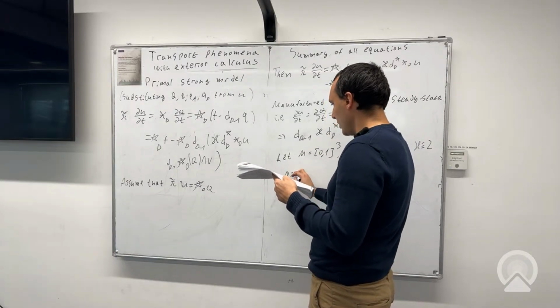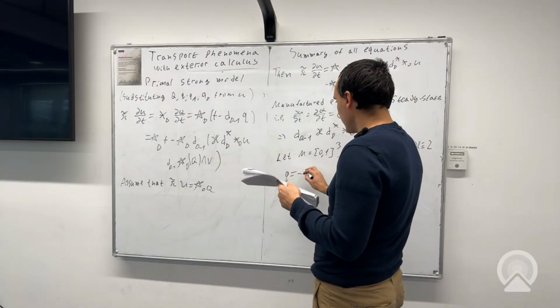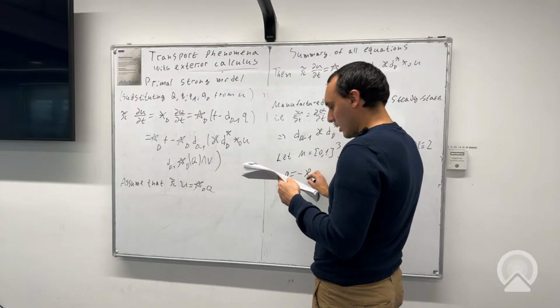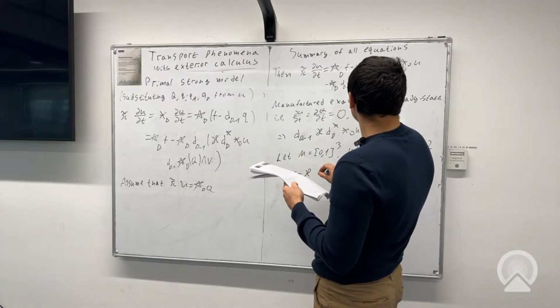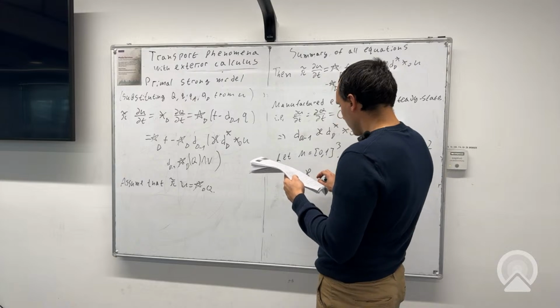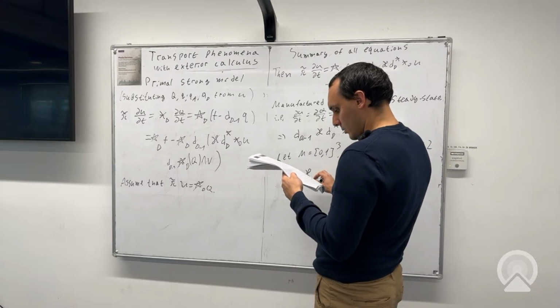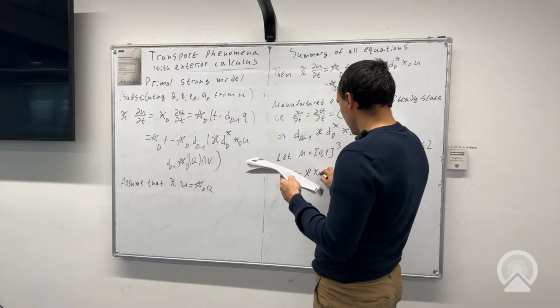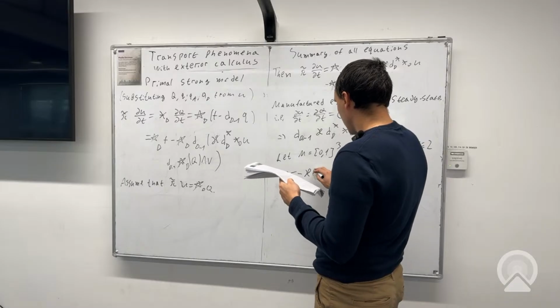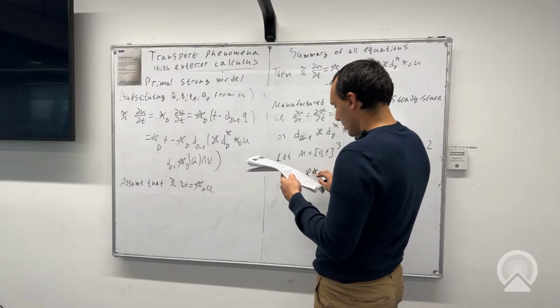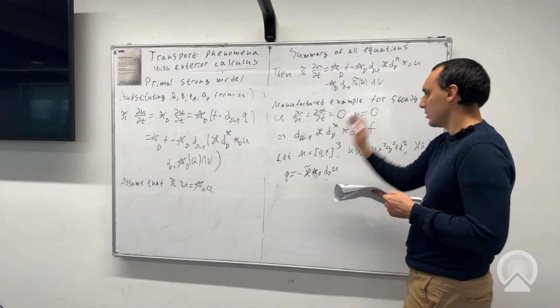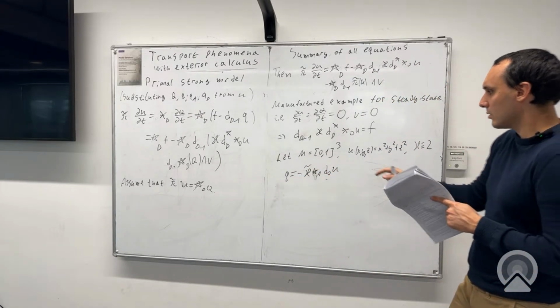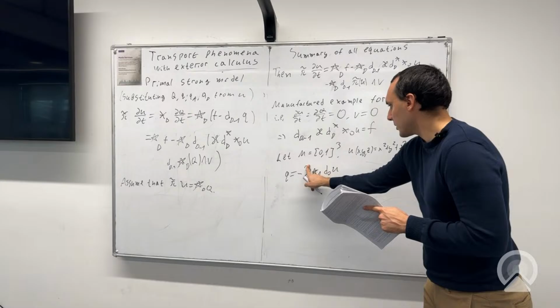And so then Q is minus kappa star 1 d0 of u. So yeah, this is kappa tilde, it's kappa.